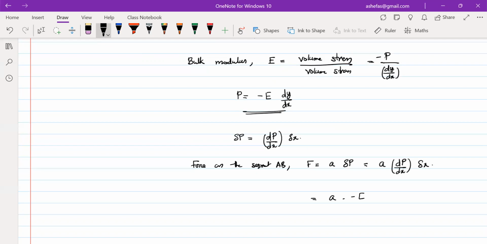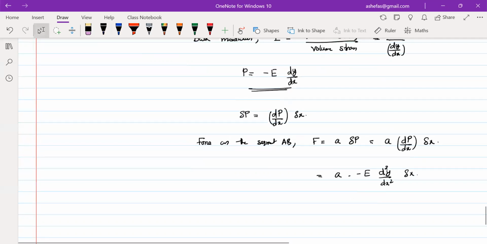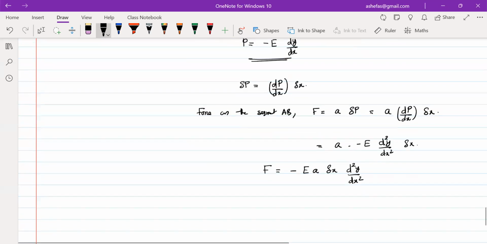This will become minus E d square y by dx square times delta x. So therefore the force on the segment AB can be written as minus E A delta x d square y by dx square.